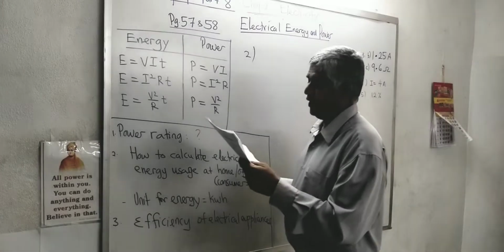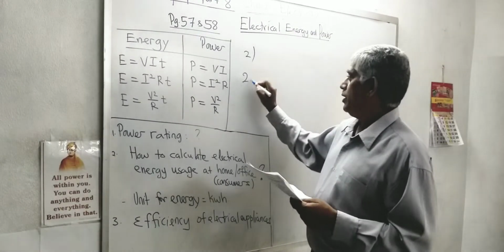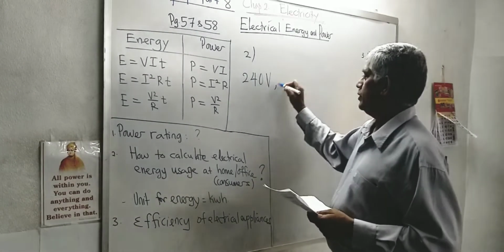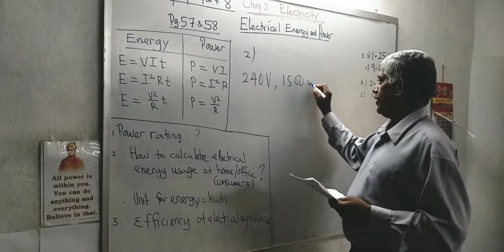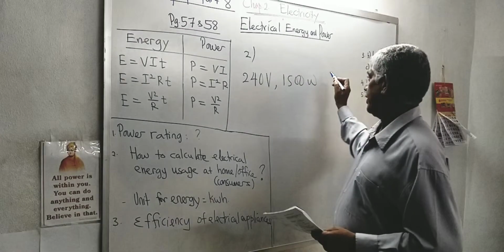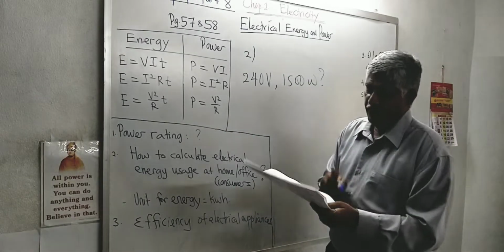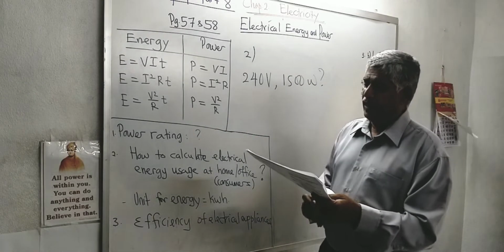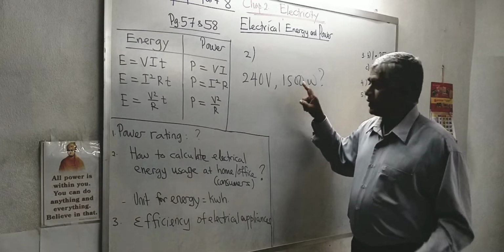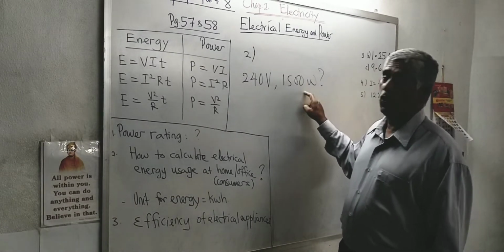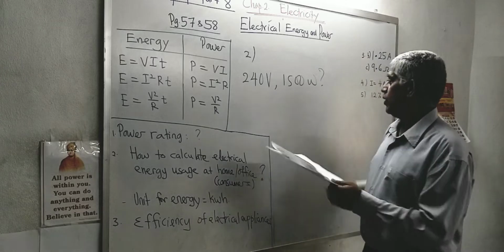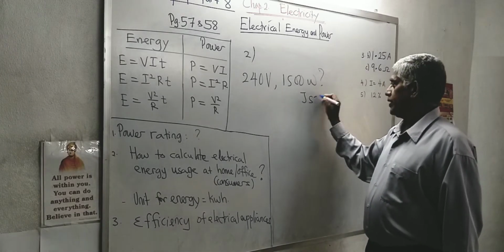An electrical kettle labeled 240 volt and 1500 watt. What does it mean? What does this power rating mean? As written here, the electrical kettle consumes 1500 joule per second, because watt is joule per second.